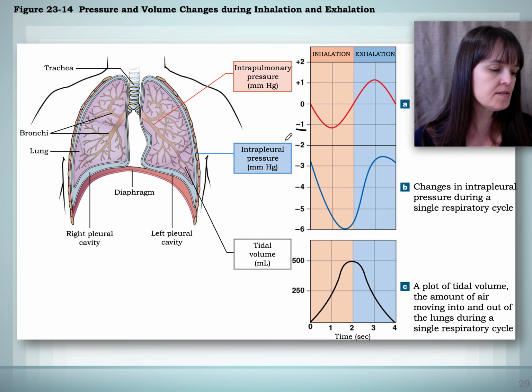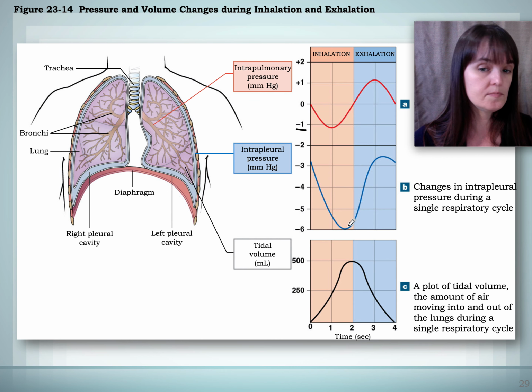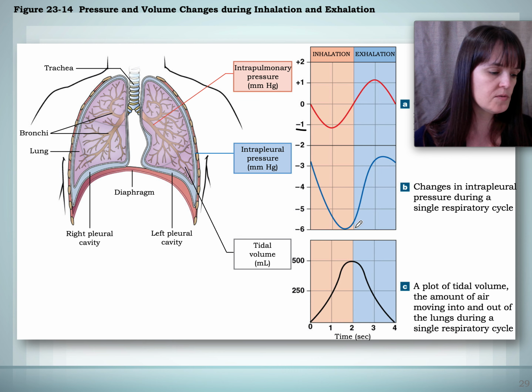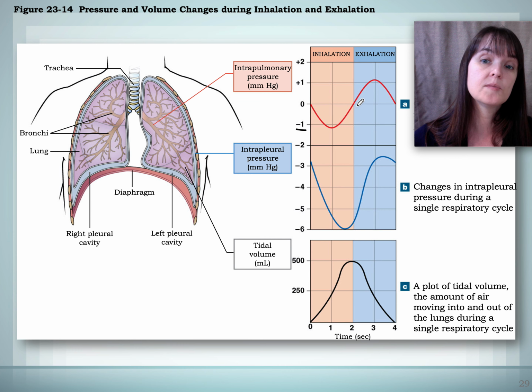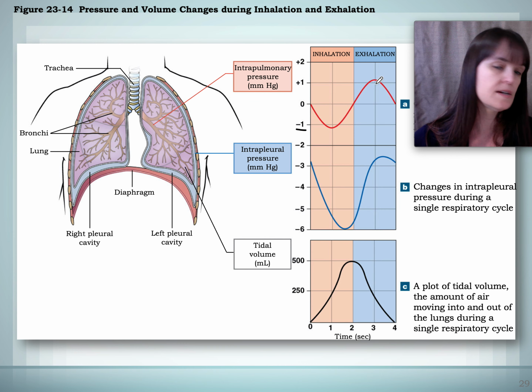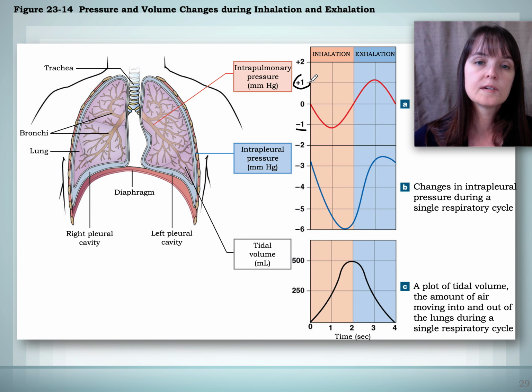On exhalation, the thoracic cavity decreases in volume, forcing the intrapleural pressure to rise, which makes the intrapulmonary pressure rise to +1 millimeters mercury, forcing air out.